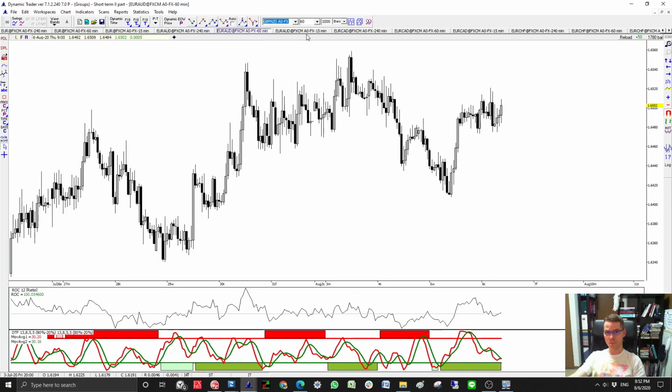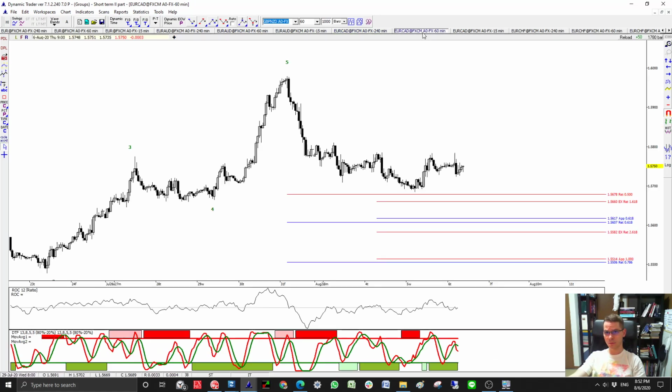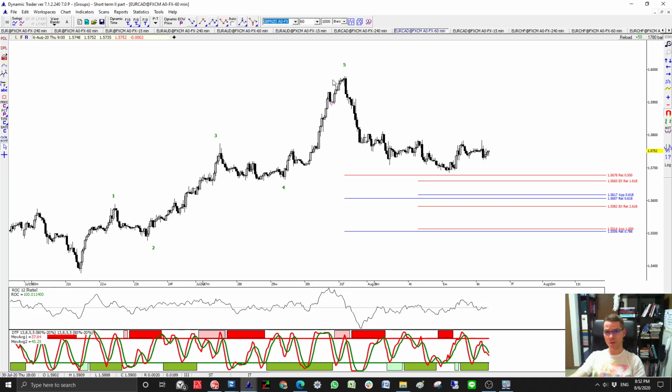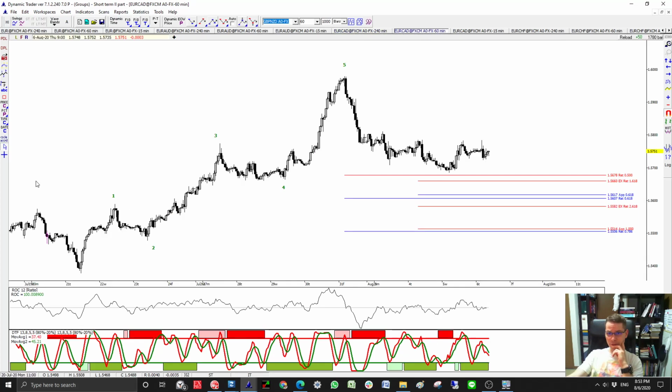Euro Aussie, Euro CAD. Okay, Euro CAD, 5-wave upwards, correction should happen and hit these levels. It missed this one here, but when was this? This was on the 5th of August.